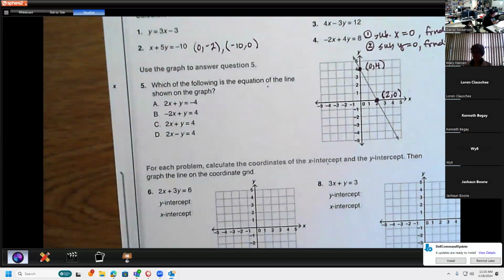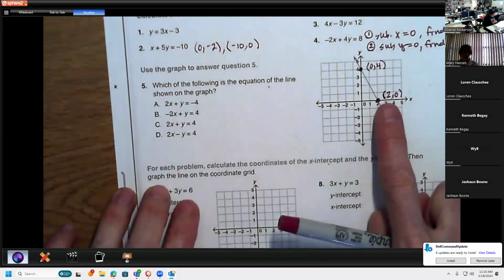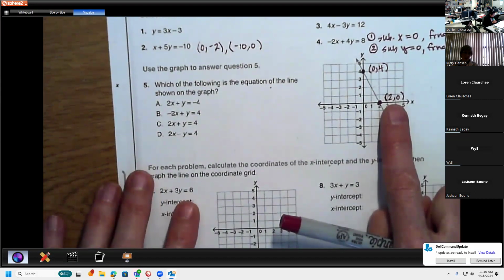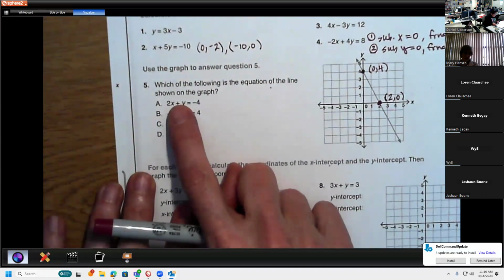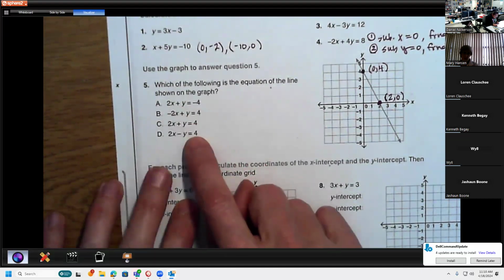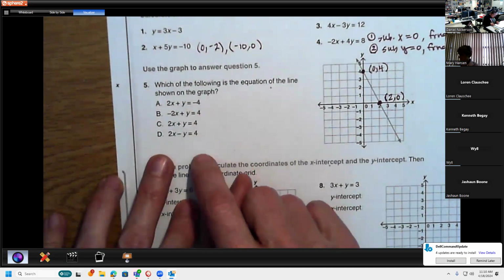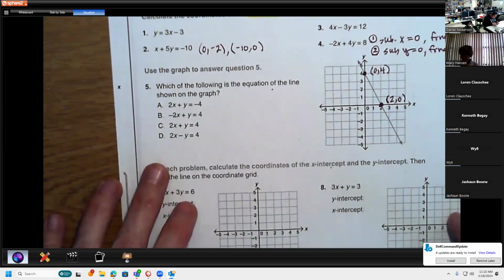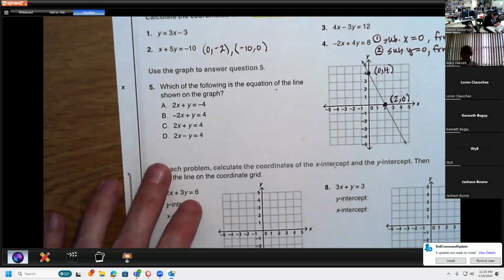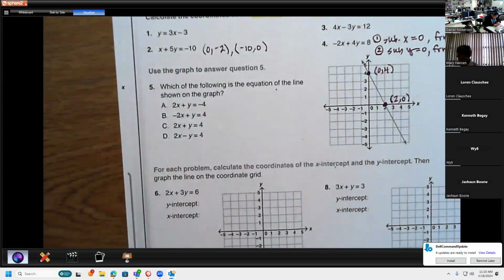So that means the point (2, 0) would have to fit in one of these equations, and the point (0, 4) would have to fit in one of these equations. Anybody got an idea which equation it is and why? I don't actually know the answer off the top of my head, so we'll take your answer and check it to see if it's right.